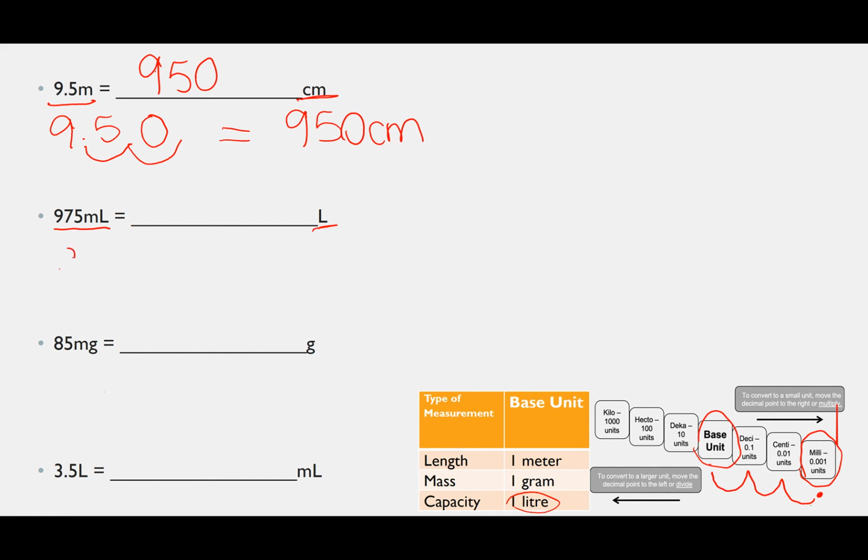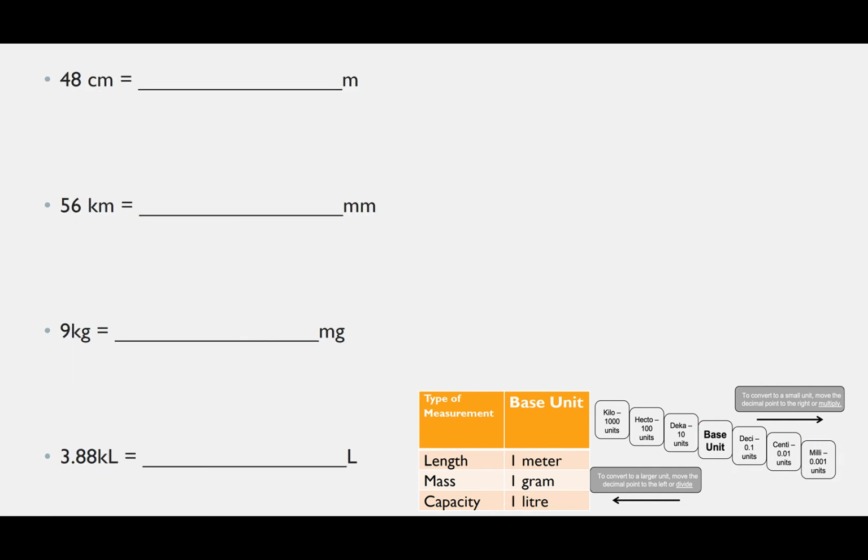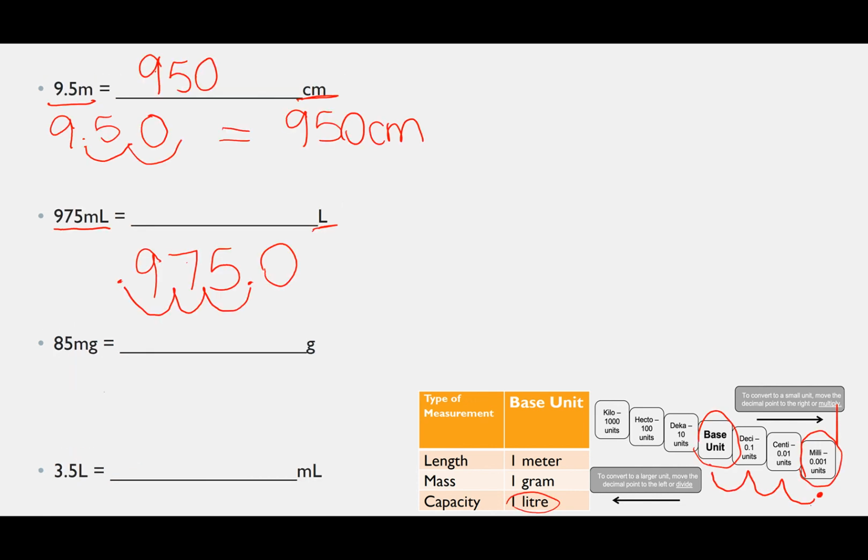Okay, so we have 975. Okay, so we're going to take this decimal and we're going to move it over 1, 2, 3 times. So this will equal 0.975 liters.